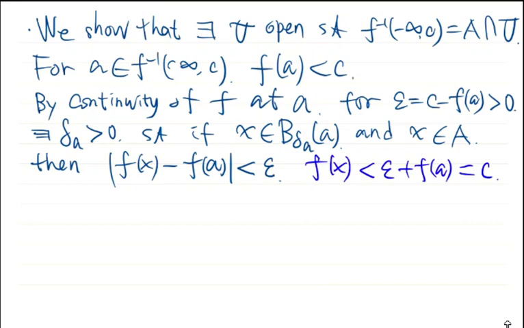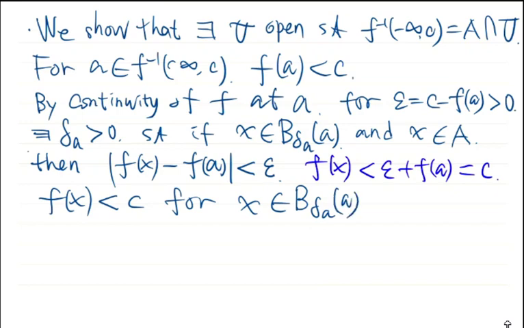In summary, by the continuity of f at a, there is this delta a positive such that f(x) is less than c for all x in this neighborhood of a and from A, the intersection.